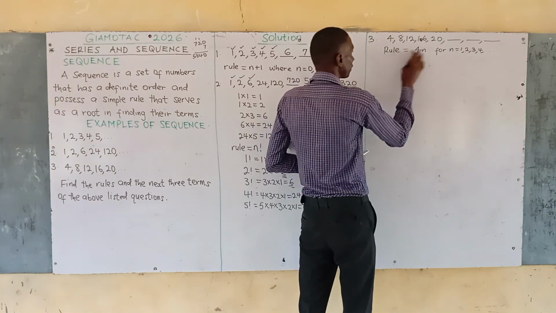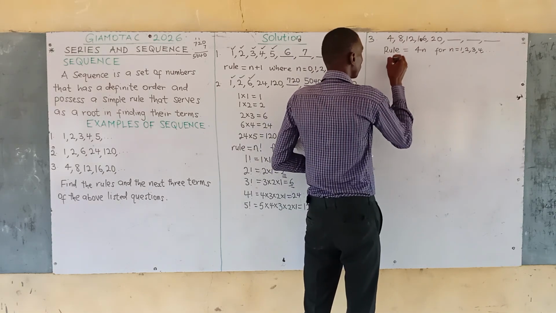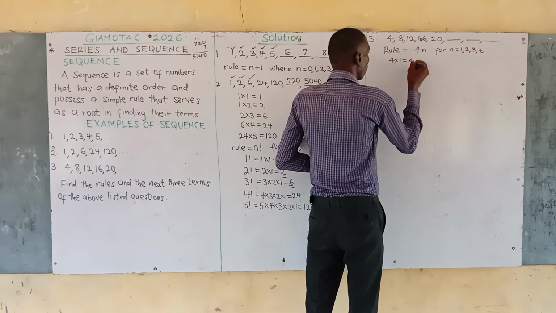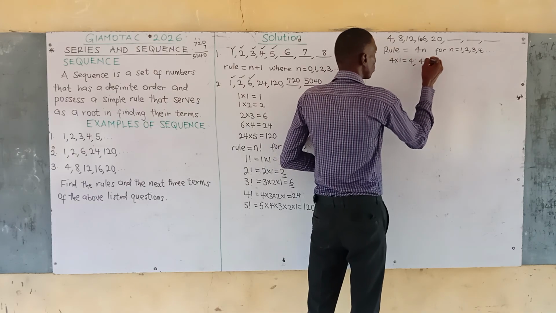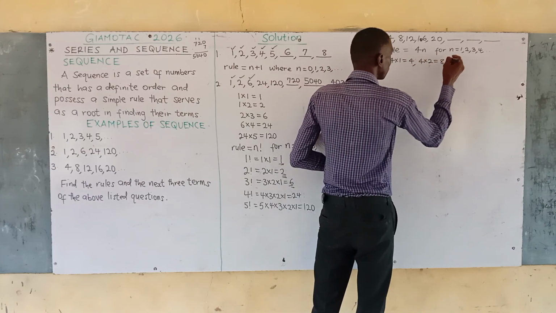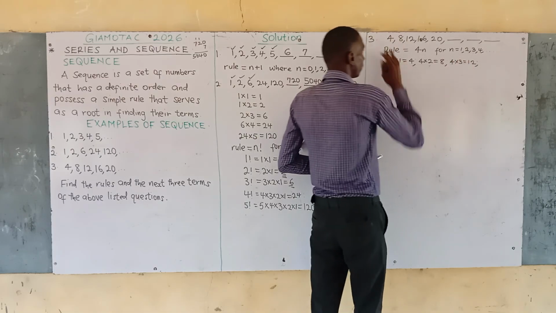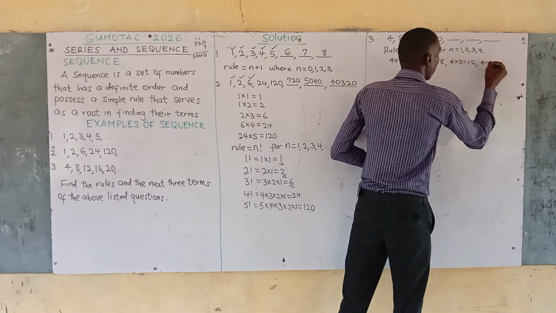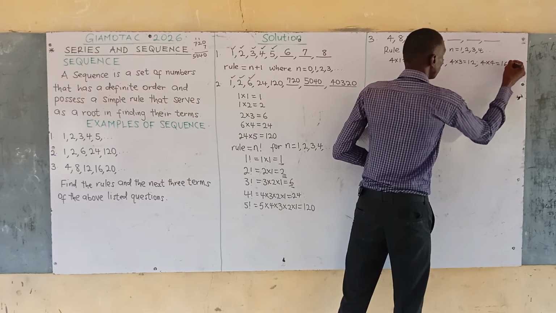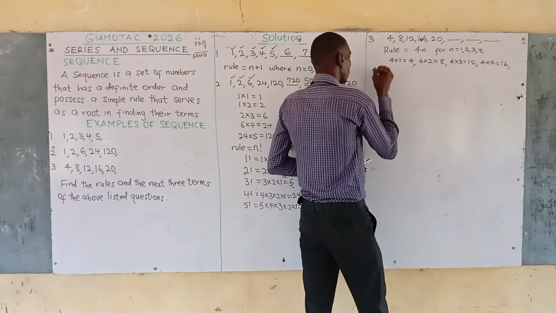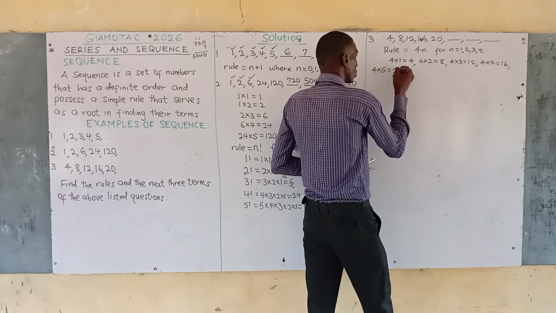So this implies that 4 times 1 will give us 4. 4 times 2 will give us 8. 4 times 3 will give us 12. 4 times 4 will give us 16. 4 times 5 will give us 20.